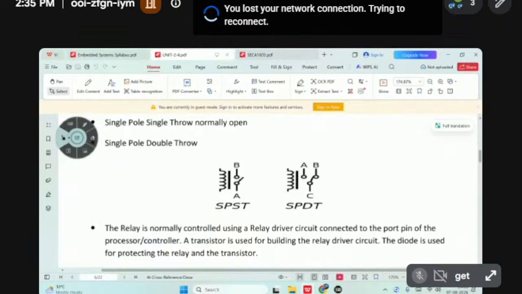Here we have one pole, one connection, single connection.